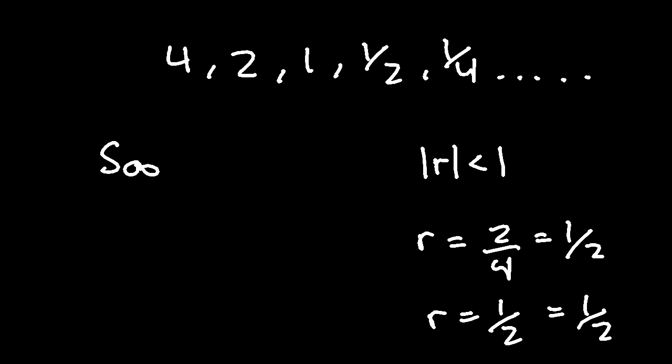Now to calculate this sum to infinity, we use this formula: T1 over 1 minus r is equal to the sum to infinity. So let's calculate it. 4 over 1 minus 1/2.